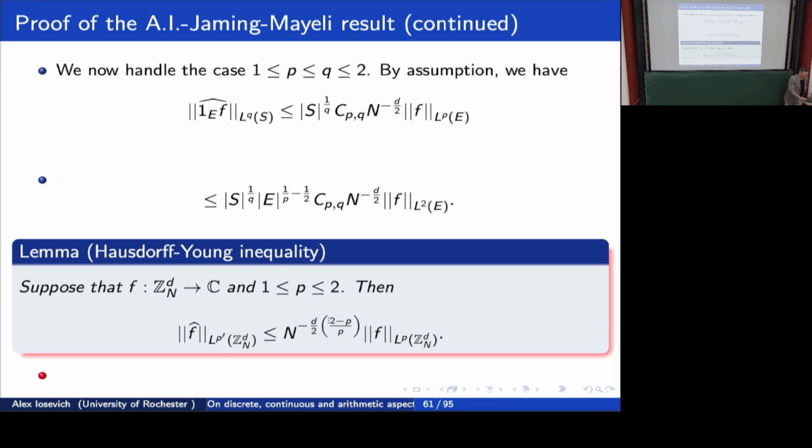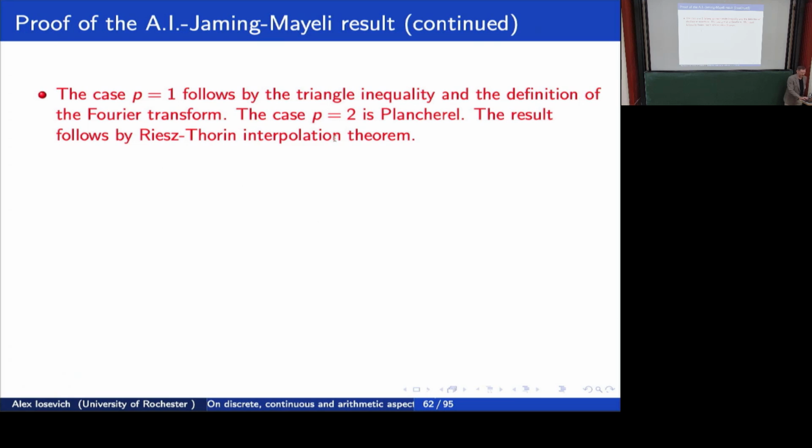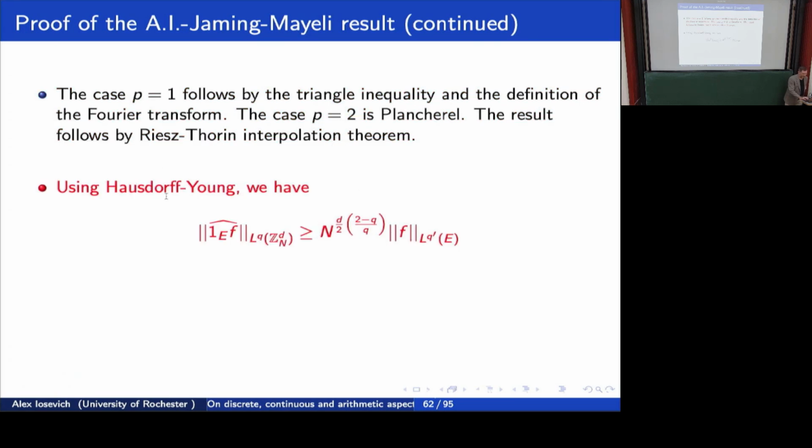So how do we use this? Using Hausdorff-Young, remember the Q norm is below 2. So what we do is we apply Hausdorff-Young to the Fourier transform of the indicator function of E times F, but we bound it from below. So we apply Hausdorff-Young in reverse.